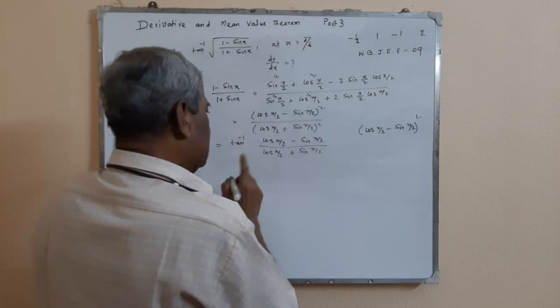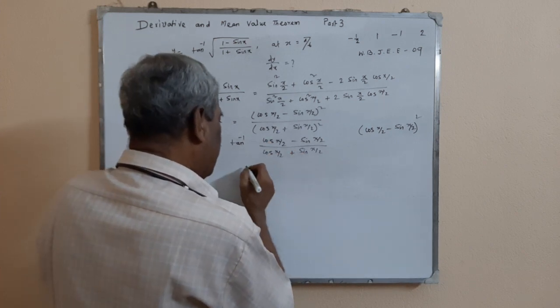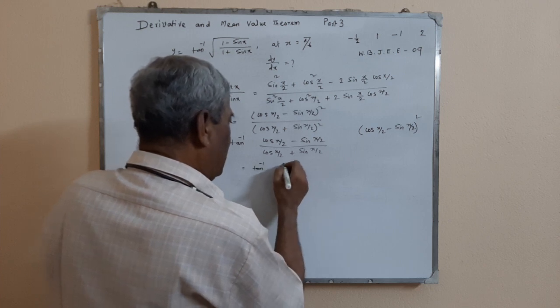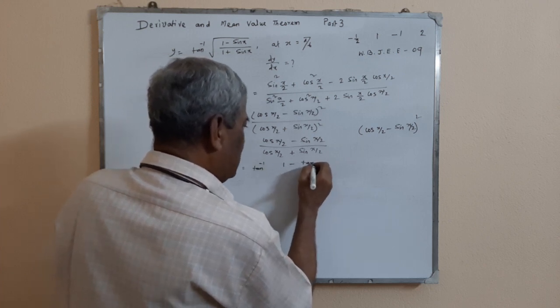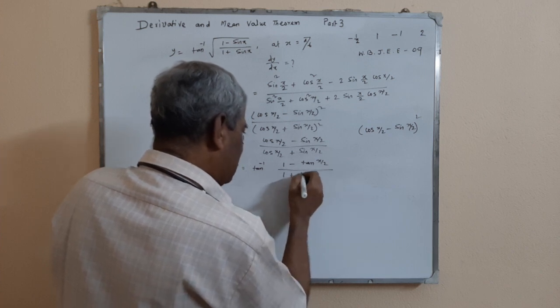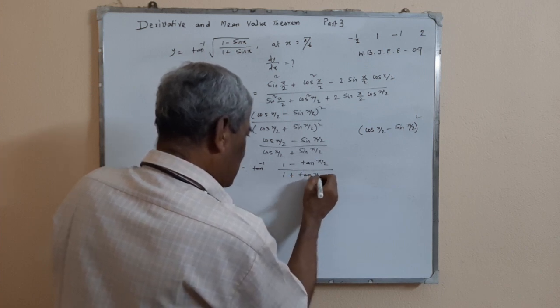So dividing by cos x by 2, it is tan inverse of 1 minus tan x by 2 by 1 plus tan x by 2.